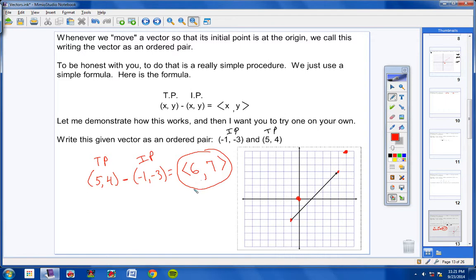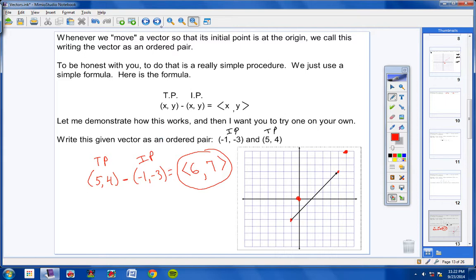So not too difficult. I'm just going to pause for a second and let you think this through. What we're doing, what this is called, is writing a vector as an ordered pair, okay?